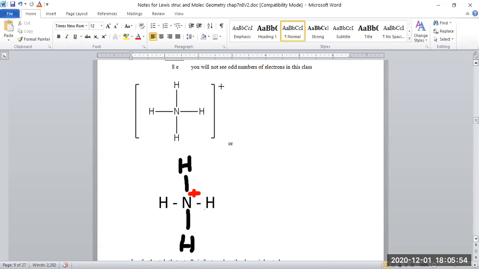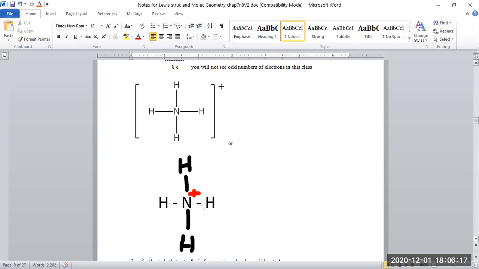You take the little positive sign and you write it next to the atom that is being forced to have an extra bond. So +1, because it really only wants 3, but you made it have 4.